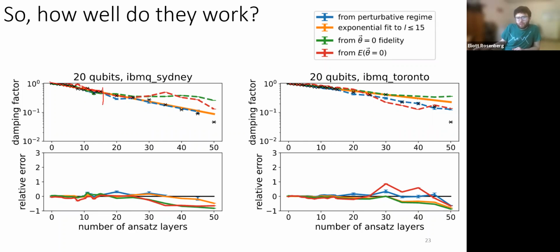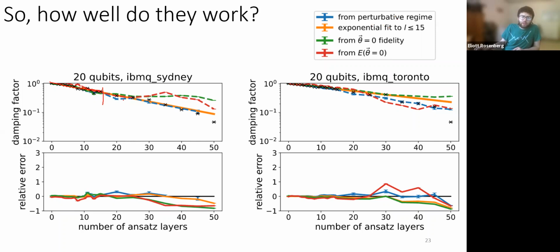Over here on the other quantum computer, it didn't do quite as well out here, but it did work out to like 30 layers before weird things happened. So it still let us extrapolate a bit. So then that was method 3. Now, method 1 was the one where you use the perturbative regime.